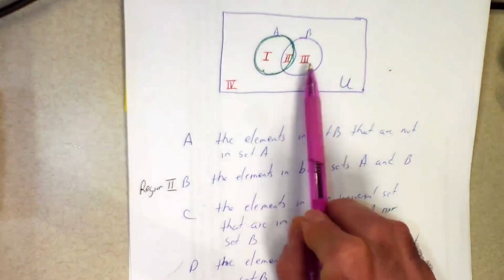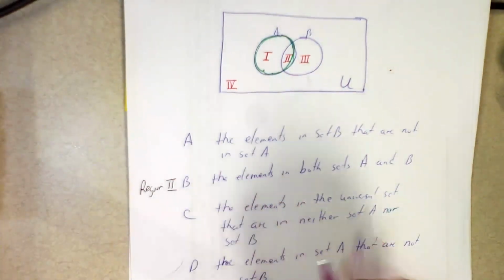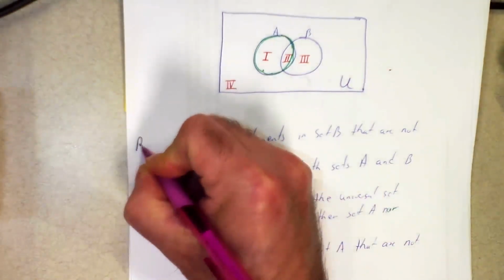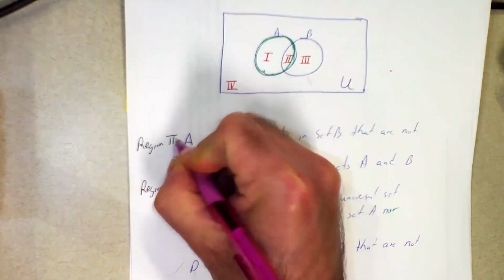It looks like region 3 is going to be the winner, right? So region 3 would represent A. Region 3.